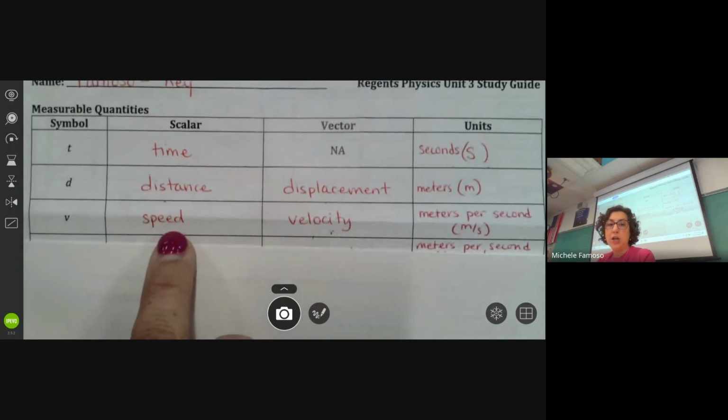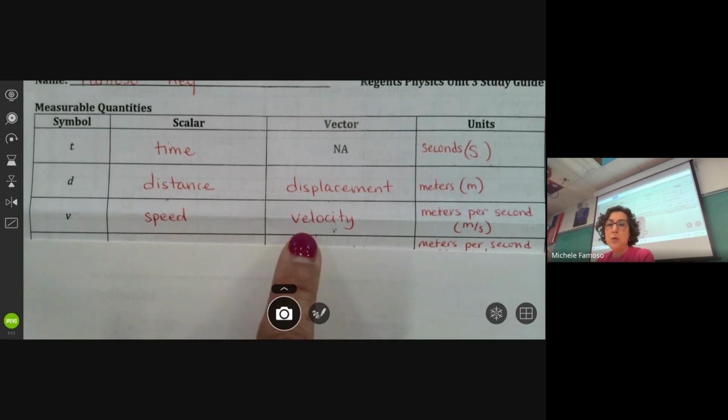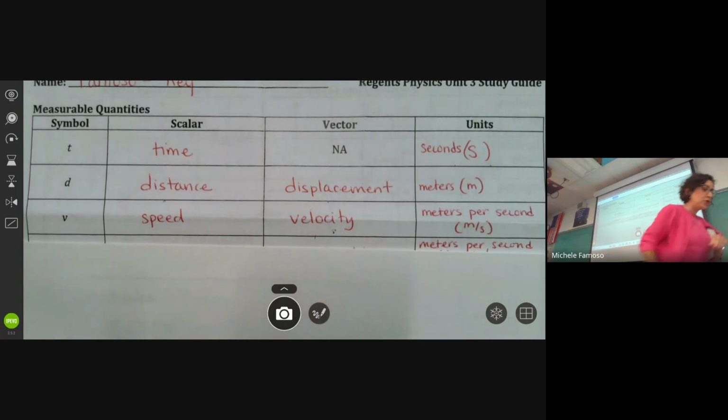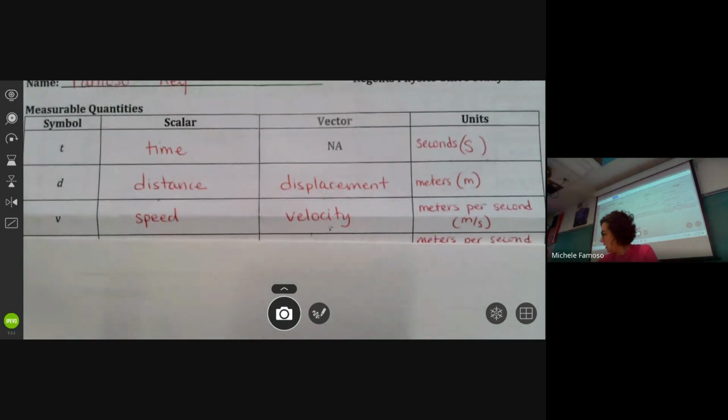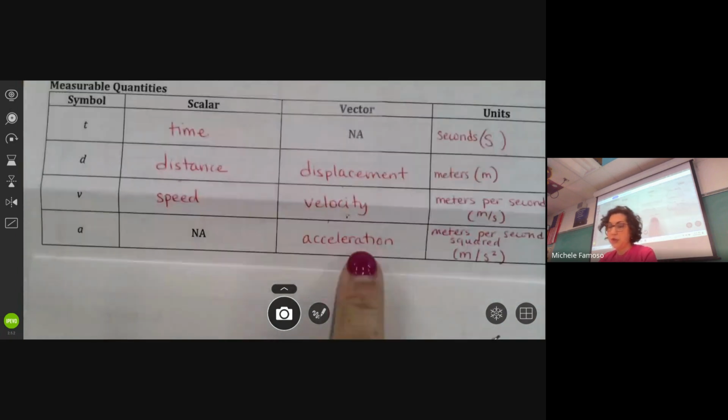v, when it is a scalar, refers to the term speed. When it is a vector, it refers to the term velocity, and it is measured in meters per second, which we abbreviate as m over s. a, when it is a vector, refers to the term acceleration.